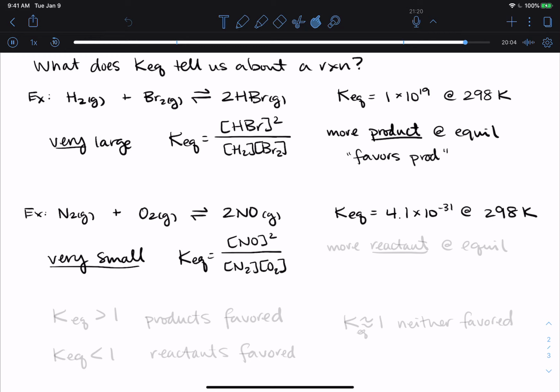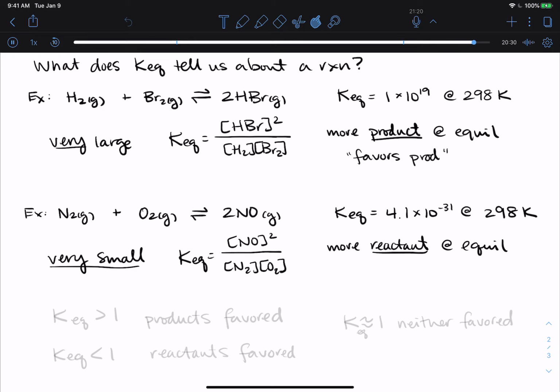So the denominator of my expression must be much bigger than the numerator, and that means that I have more reactant at equilibrium. Or we could say that this reaction favors the reactants. We could say that it is shifted to the left because the reactants are on the left.